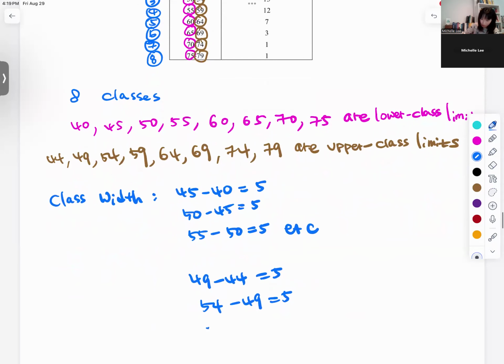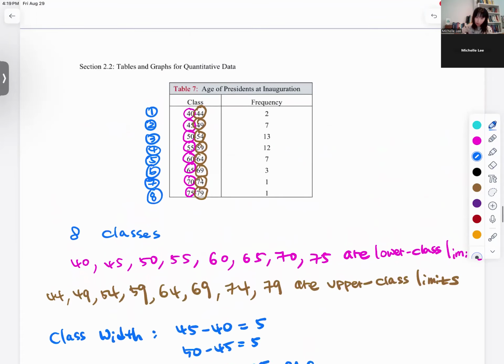Maybe check that. 79 minus 74 is also 5, right? So any difference between consecutive lower limits or consecutive upper limits gives the class width. So we answered class width.